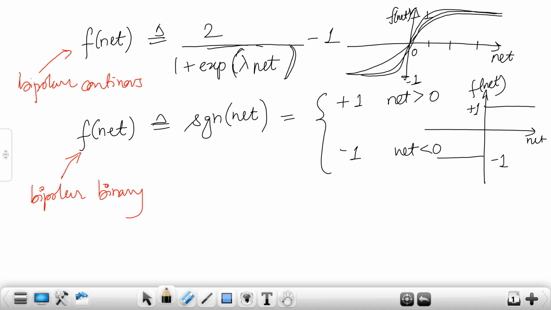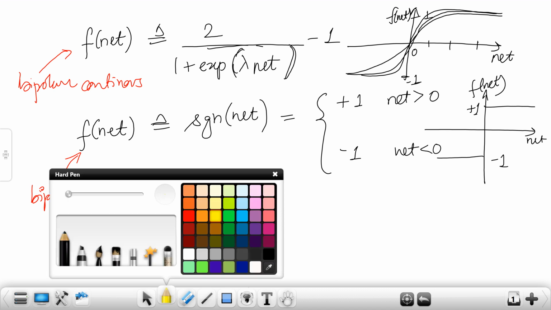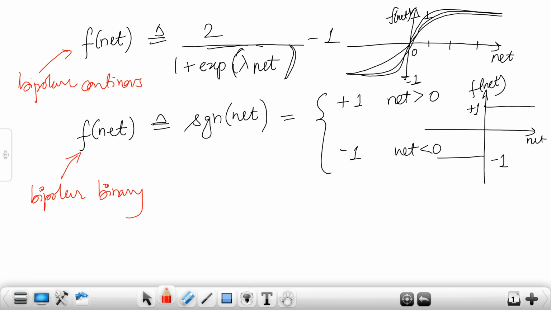So what happens in the case of unipolar? Unipolar means you want to shift it so that all values are positive. So f(net) for unipolar continuous will look like this: 1 upon 1 plus exponential of minus lambda net.